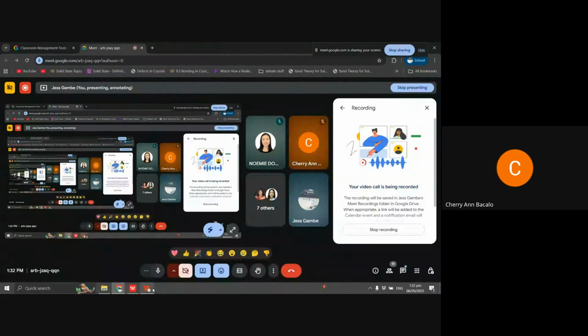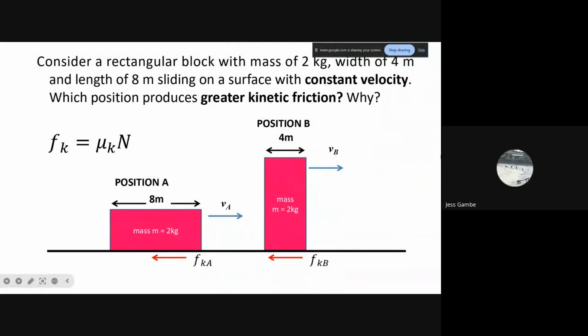Yeah. It appears so, because the expression for the kinetic friction is just mu_k times the normal, and the normal is just dependent on the mass. For this case, the normal is opposite to the weight, so it is just mg.